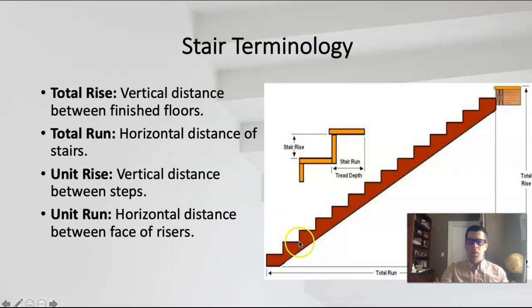And we're going to determine that the unit run is generally pretty consistent as long as we have space to put these stairs. The unit rise is going to vary. The unit rise is going to be unique to each set of stairs because it's going to be an even increment divided up by this total rise. Okay.